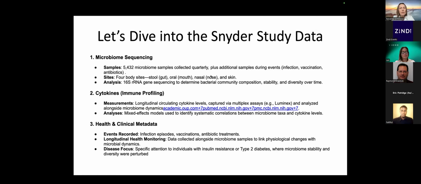I think the important aspect here is that during events, there are additional samples being collected. So if someone had an infection or vaccination, or they were on antibiotics, they were collecting more samples than the usual 3-month sample. So that's why we should not assume that the data is all at set time points. The data is actually at set time points plus these events.